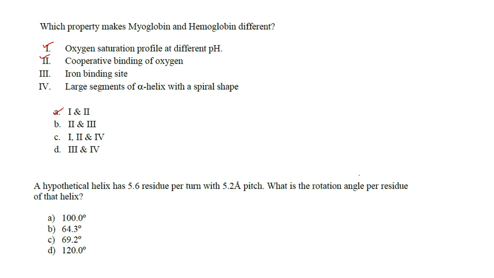Now a hypothetical helix has 5.6 residues per turn with 5.2 angstrom pitch. What is the rotation angle per residue of that helix? How are you going to answer that? You know that a circular turn is 360 degrees.